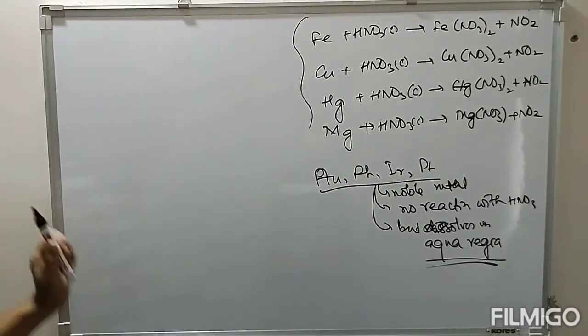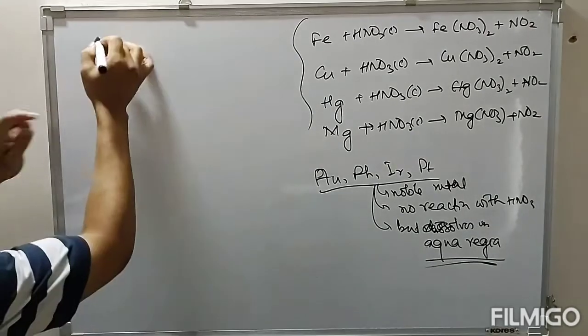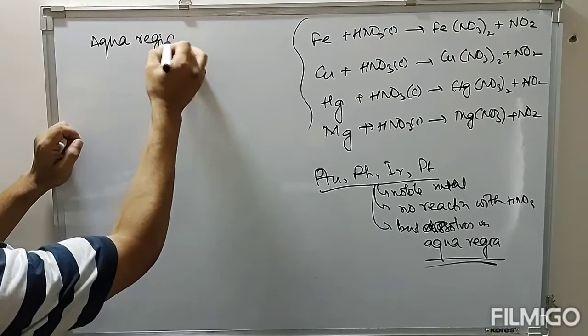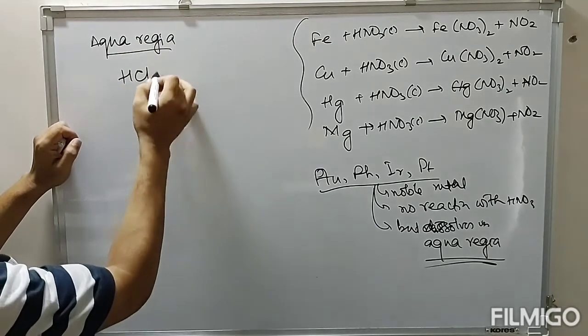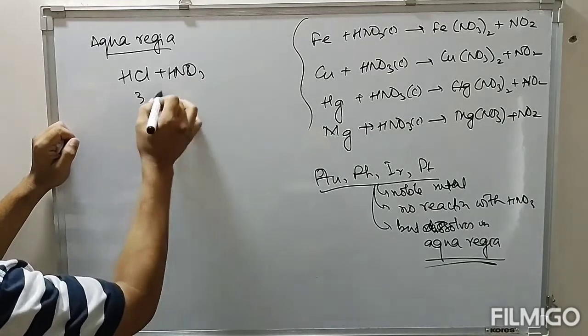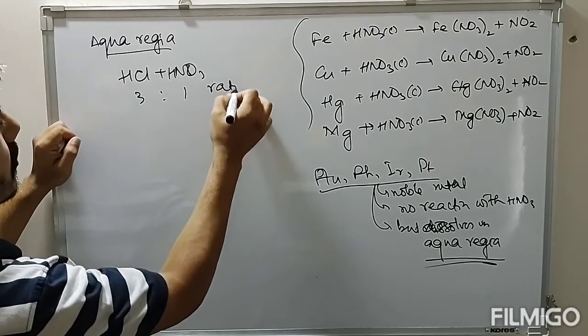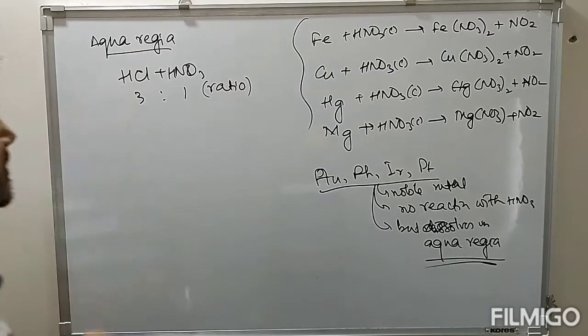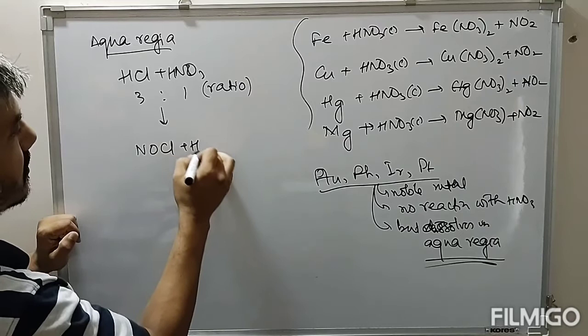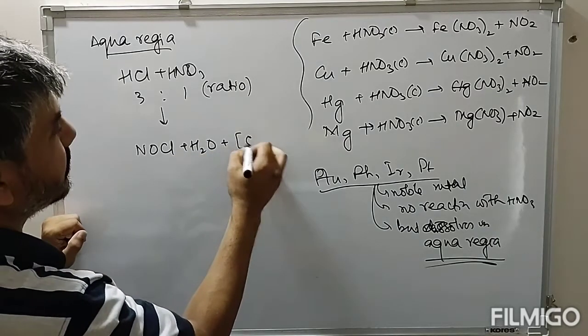Let's see. Aqua regia is a mixture of HCl and nitric acid in a 3:1 ratio. 1 part of nitric acid and 3 parts of HCl react to give you this aqua regia, and this aqua regia produces active chlorine.